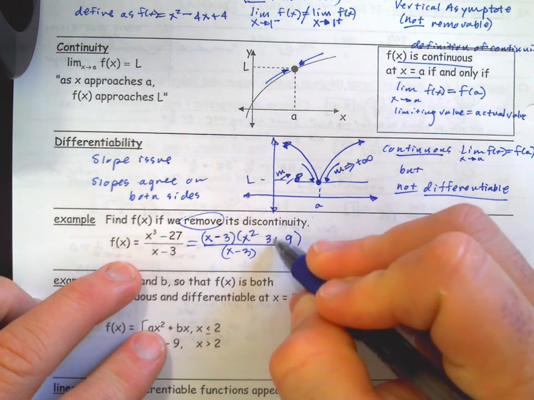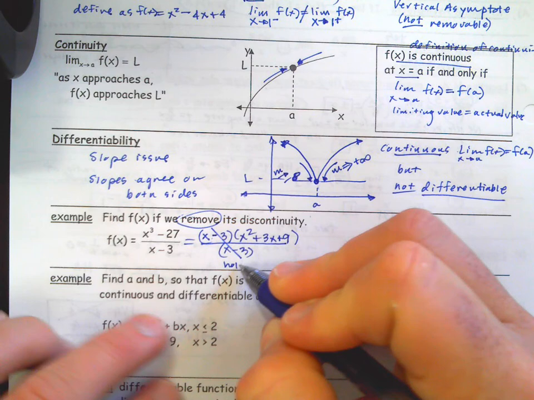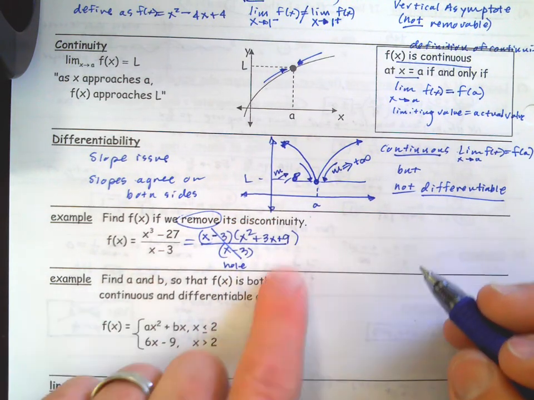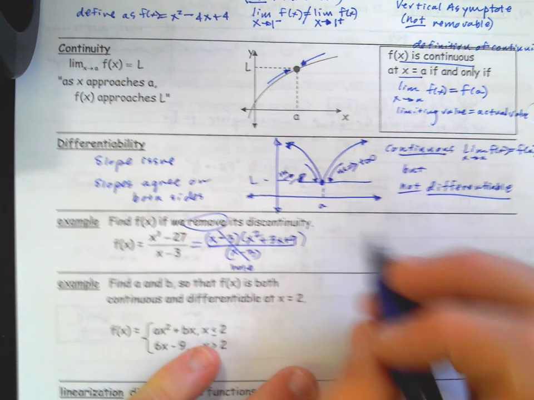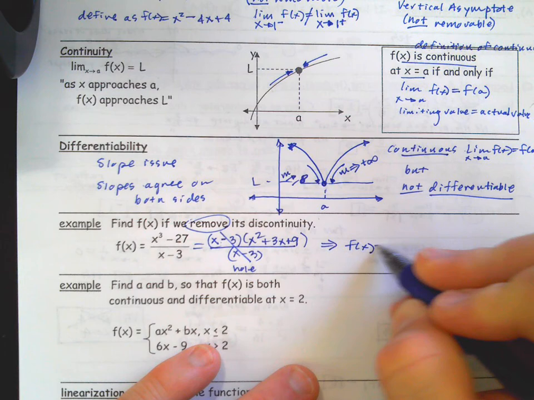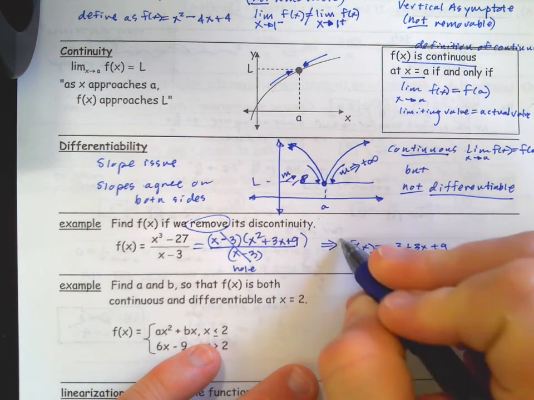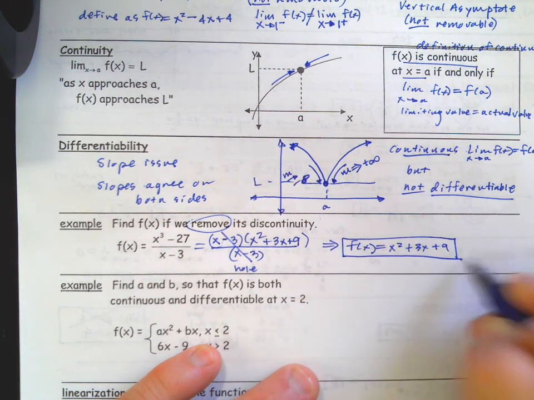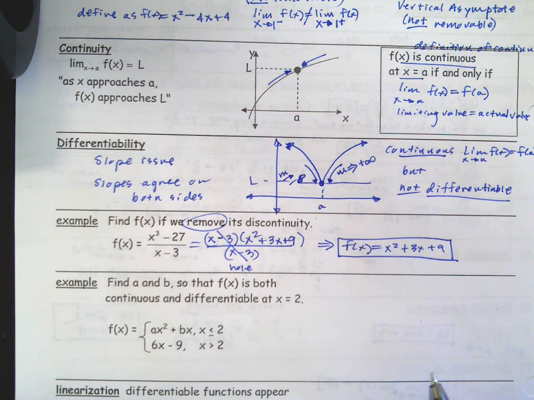Multiplied together, same, opposite, always positive. So the graph is behaving like this graph, other than where the hole is. So to remove the discontinuity, we would just redefine the graph as the parabola. Okay? That's us fixing the hole. That's us removing the discontinuity.